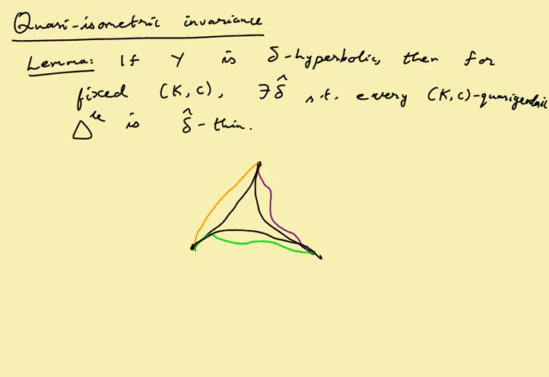Now if I take any point on the orange side, well, there is a point here, so that this distance is less than m. This quasi-geodesic is close to a geodesic, and this triangle is delta thin, the geodesic triangle. So this distance here is less than delta.